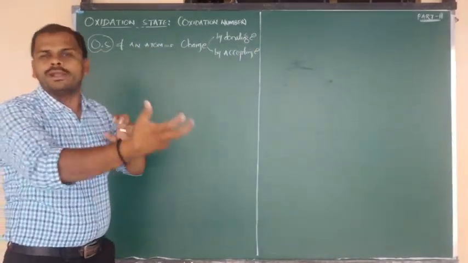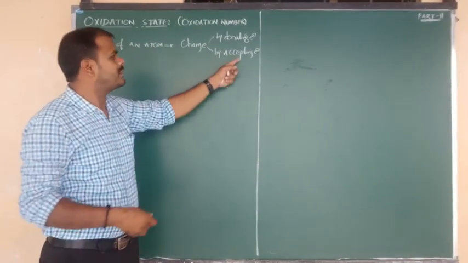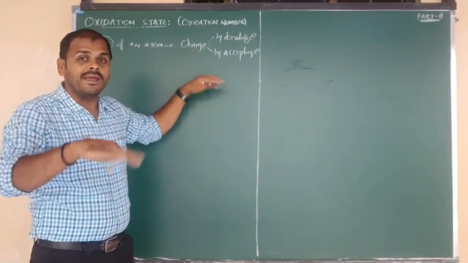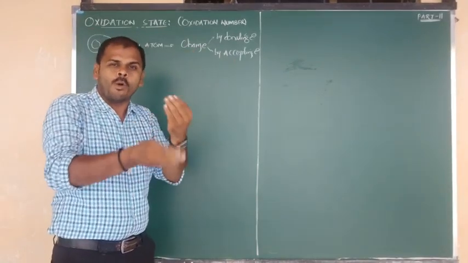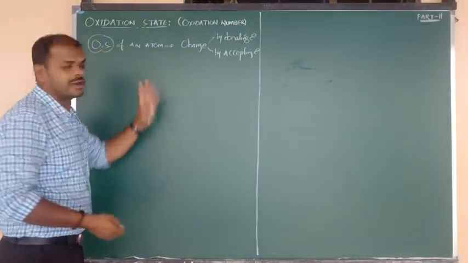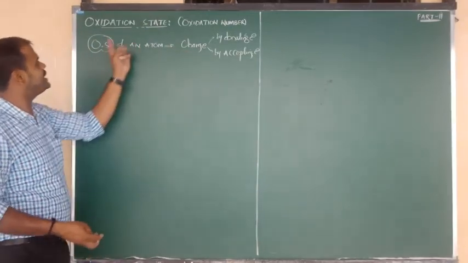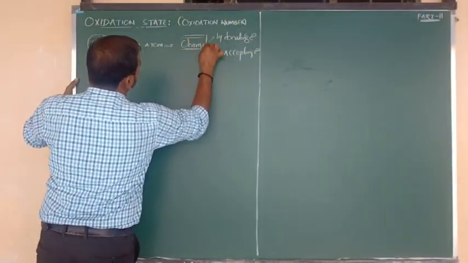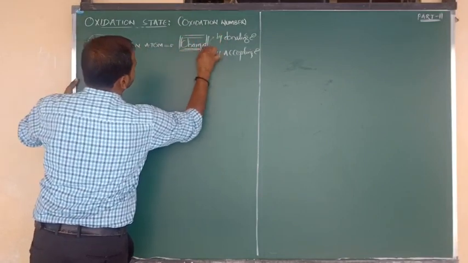So due to donating or accepting of electrons, maybe positive or maybe negative, some charge develops or arises on the respective atom or element. Such charge is known as the oxidation state. You have to focus on this word only.